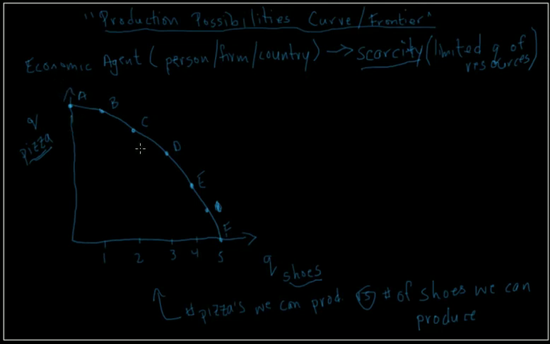If we think of that as a limiting factor, we understand that we only have so many human hours, and that would draw the intersection of these points. If we take one person away from producing pizzas and move him towards producing shoes, how many more shoes are we going to get for that sacrifice of that person's work time making pizzas?